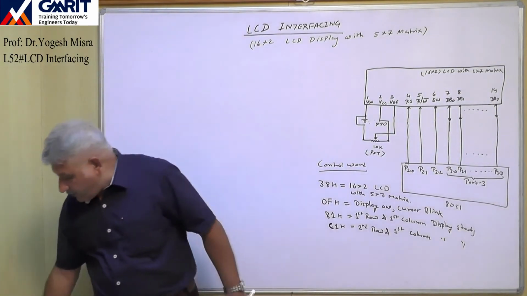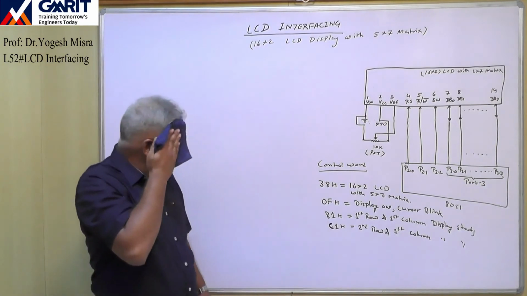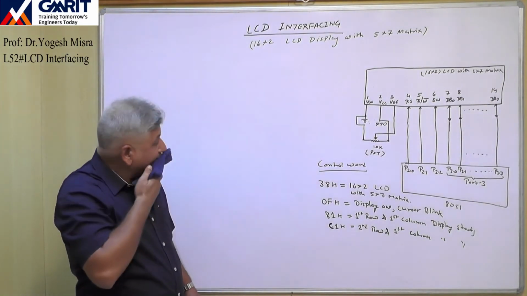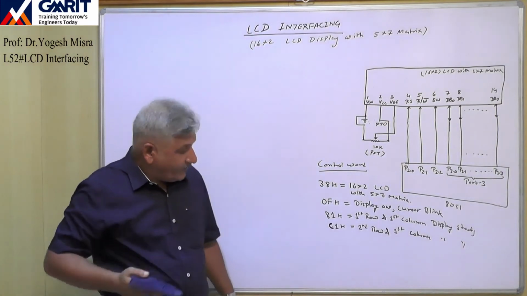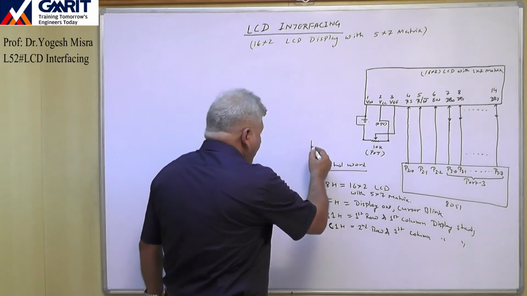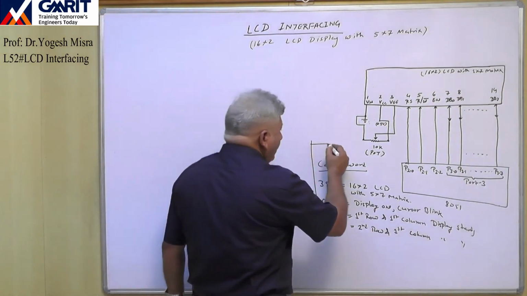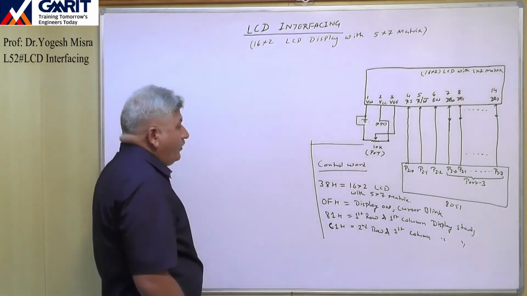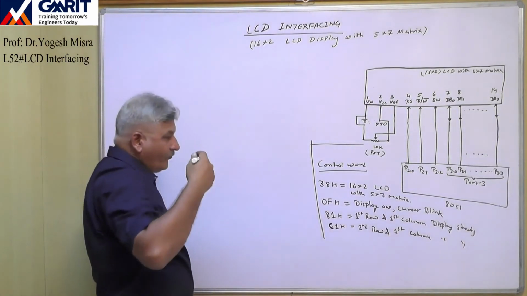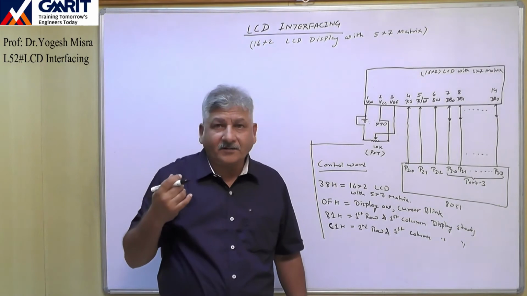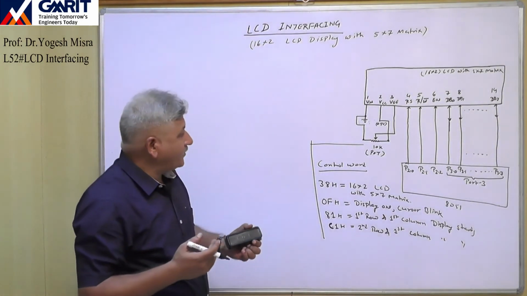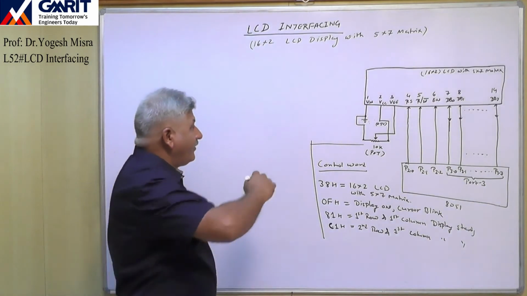So now we will write a program to display some string. So we will write our program. This program will be in different sections. What is the normal process for displaying the thing?